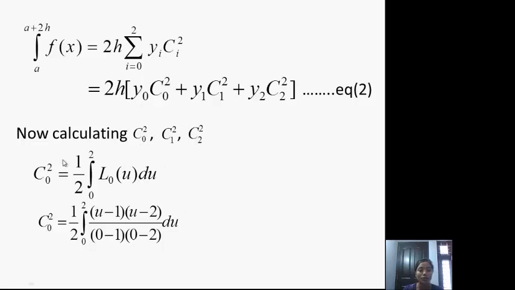Now substituting the value of n here, that is 1 by 2, integral from 0 to 2 of L_0(u) du. Our formula for L_0(u) will be (u minus 1) into (u minus 2) upon (0 minus 1) into (0 minus 2), where 0 is the number for which we have to find the Cotes number.